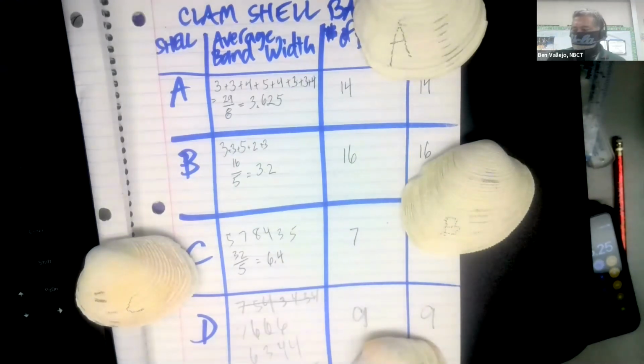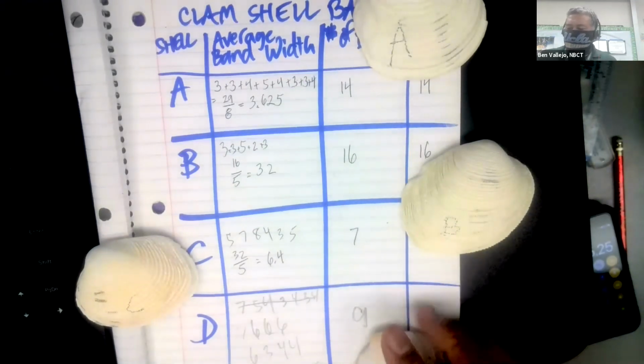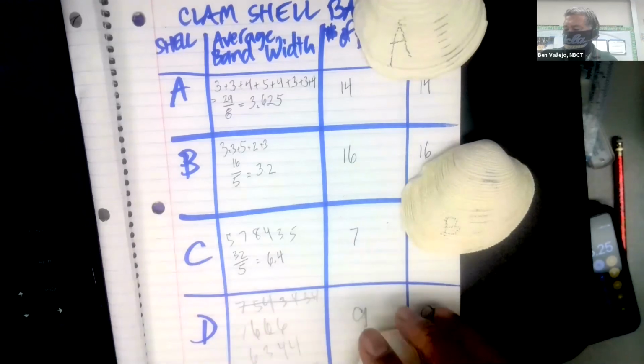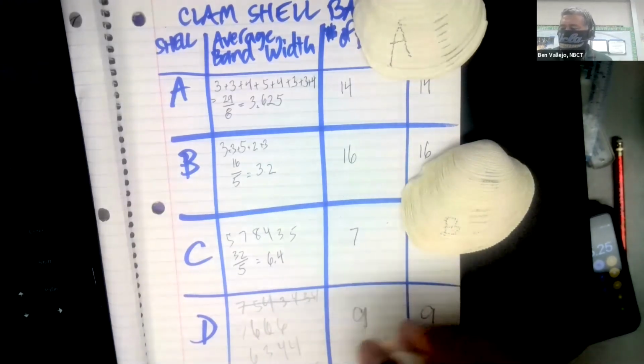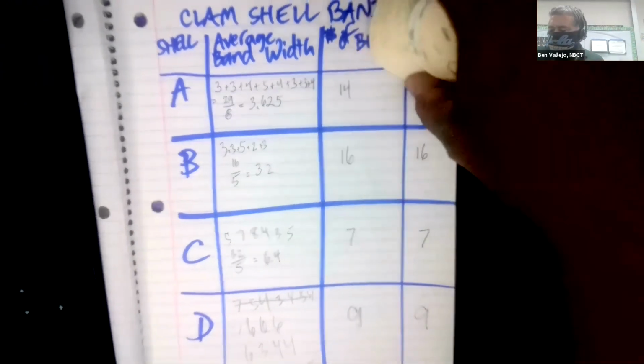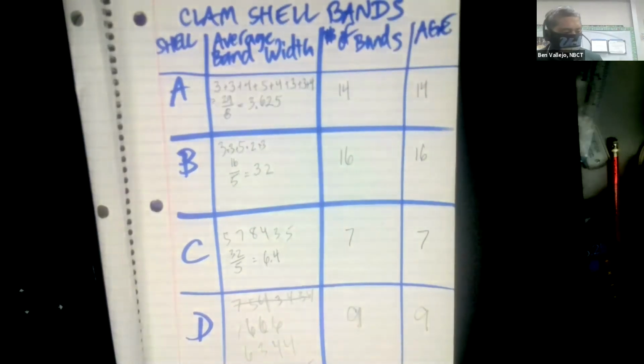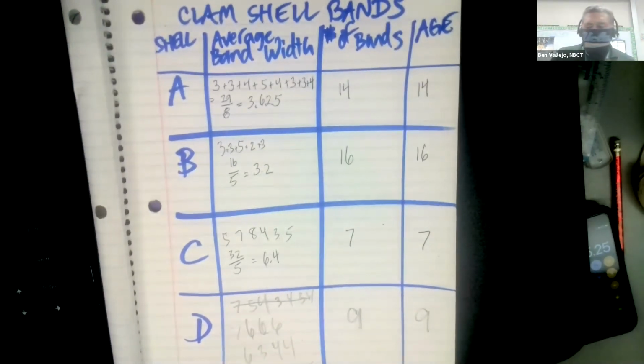So those are some things that we could see when we take a look at the clam shells. And so there you go. All right, so that is age of the clam, and that's how we can determine the age of a clam by counting its rings.